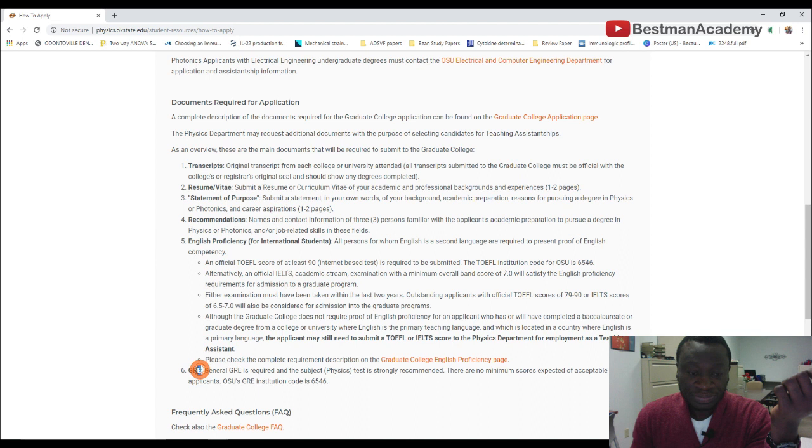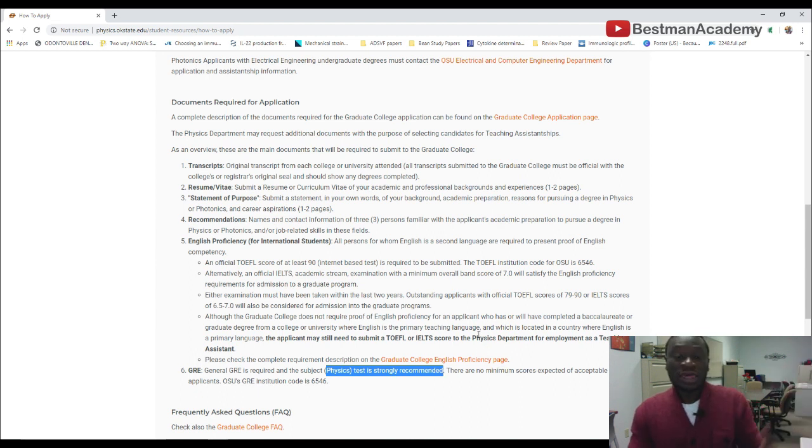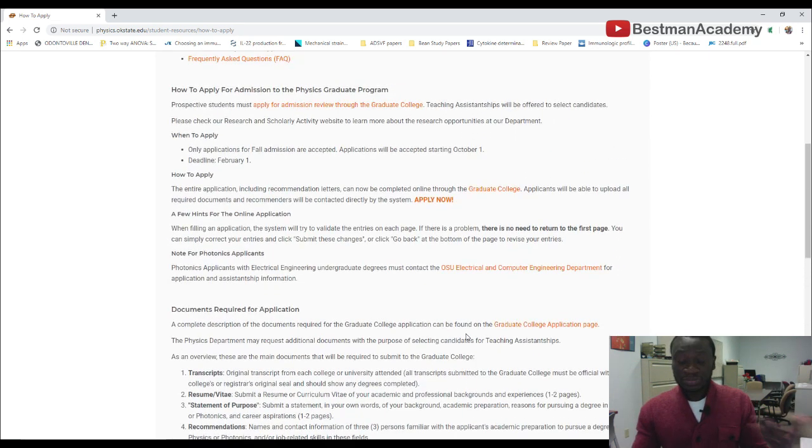Most of the time they would require GRE. As you can see, it's required, and they specified the kind of GRE that you should take. So you need to read the department specific program as well.